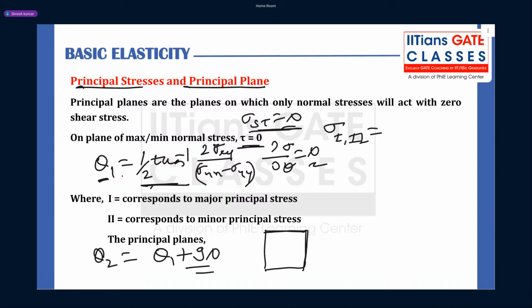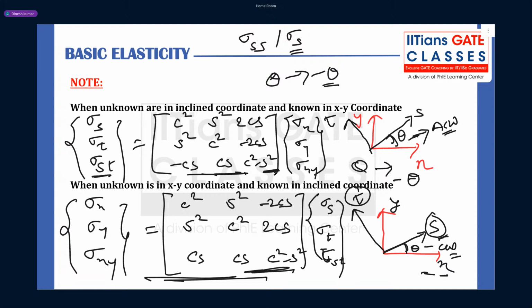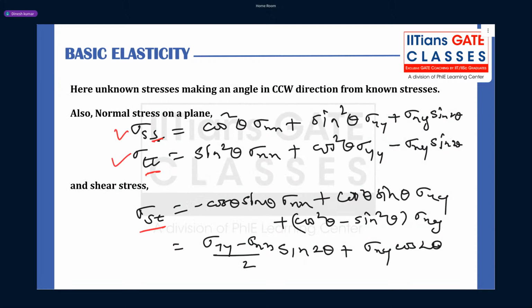Once you know this theta 1, you need to substitute it in sigma ss and sigma tt. So you will get your principal stresses sigma 1 and sigma 2.